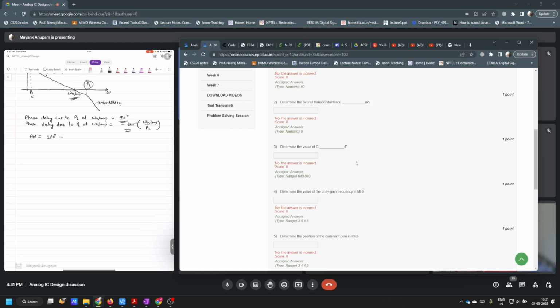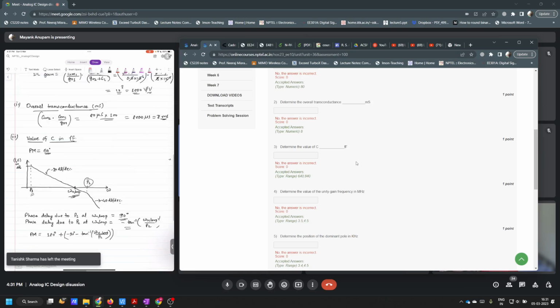That means 180 plus minus 90 degrees, minus tan inverse of omega u loop by P2. Is it correct? And one more, for the zero there will be one more term.